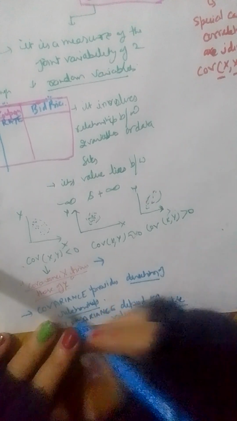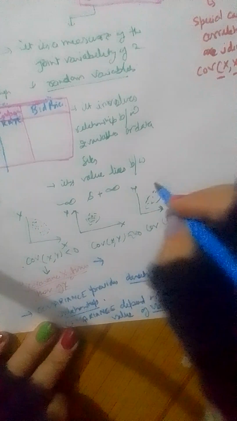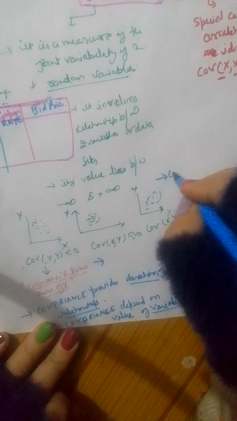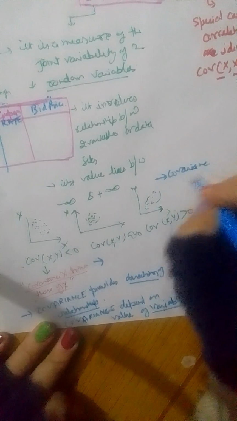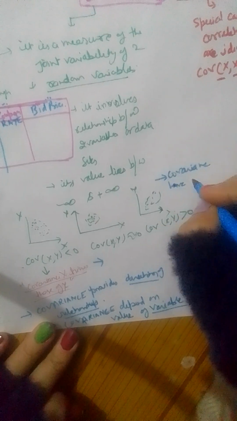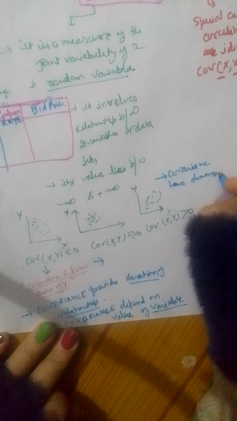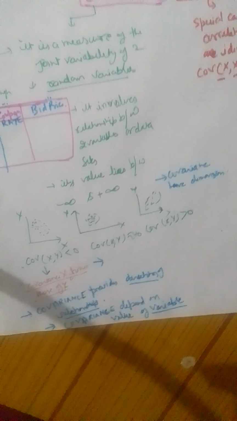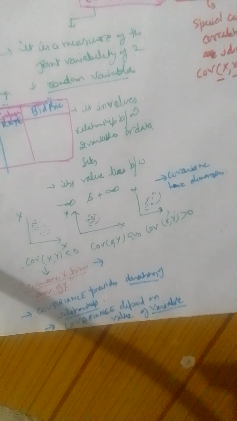And of course, it is quite common, another topic: covariance has dimension. What does that mean, covariance has dimension?